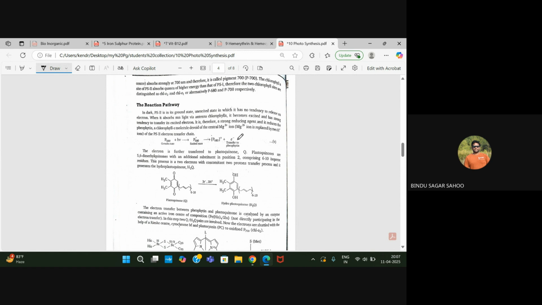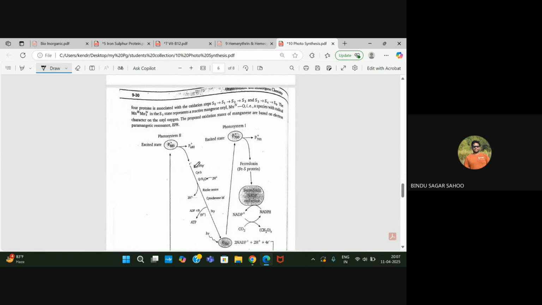This 1 electron is absorbed by pheophytin, another pigment present in the cycle. We can see here in the next step there will be availability of pheophytin. So after receiving 1 electron, pheophytin gets converted to pheophytin minus.